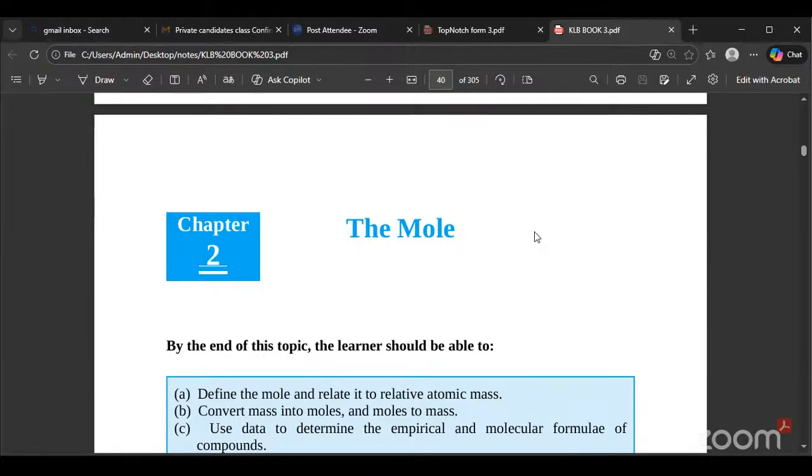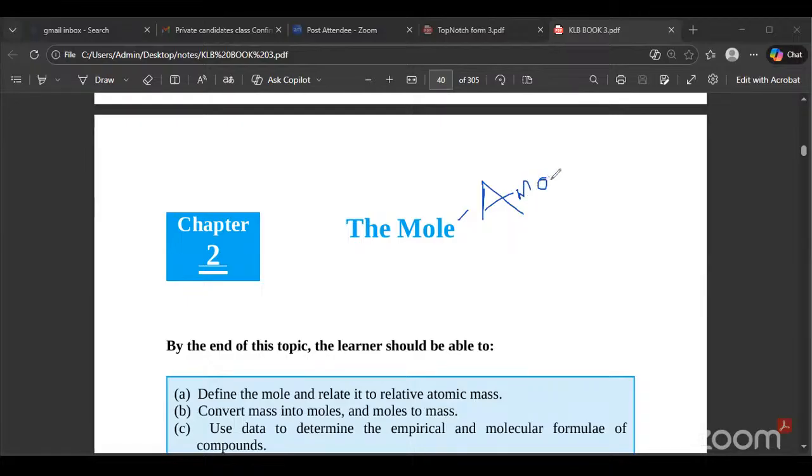So the mole, we said, is used to measure the amount of substance. It is the SI unit for the amount of substance. The actual mole that we are talking about now has not changed anything; we are just continuing. I normally tell students to recall that it is the one we use to measure the amount of substance.